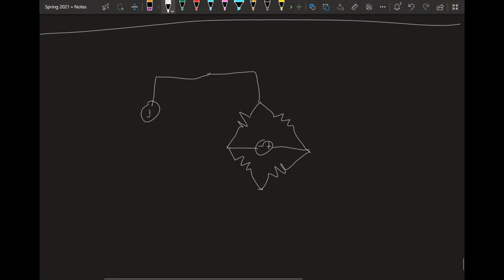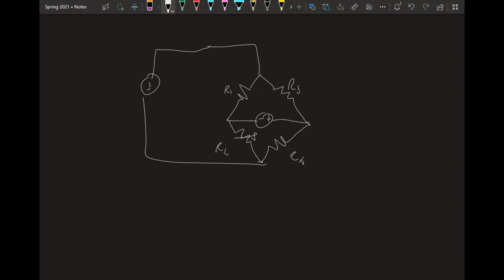You want to know this resistor. You know this resistor. And this resistor you can adjust. And so basically you want to move this R2 so that zero current flows through here, right? And if the current is zero, that's our balance point.